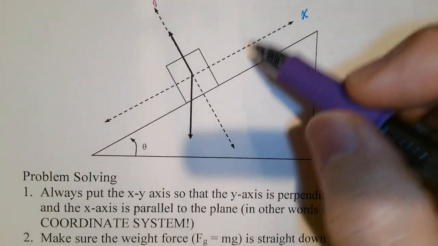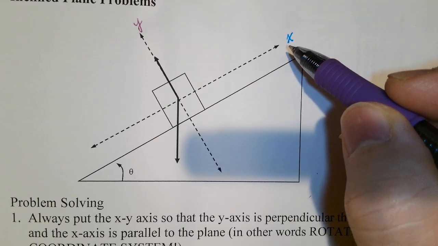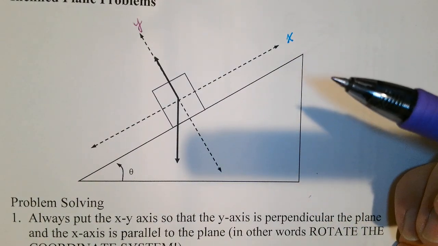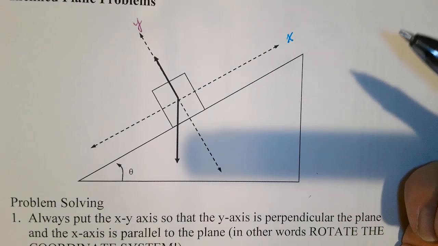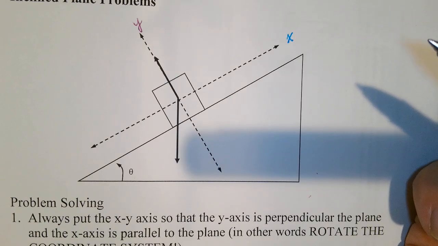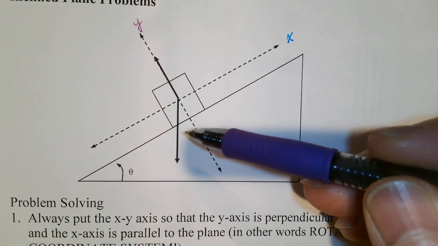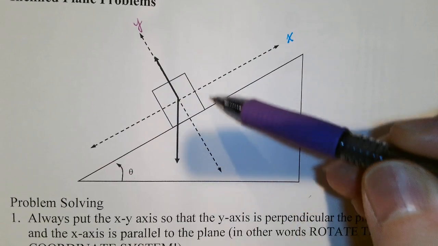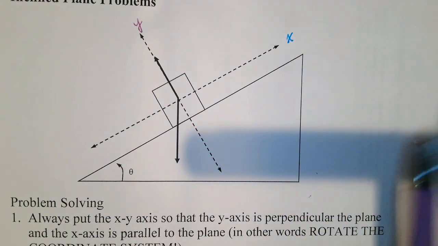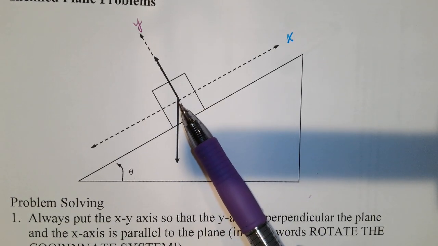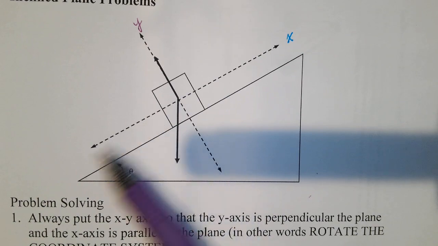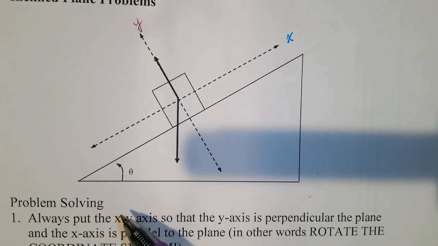Now, I know the right was always positive. However, sometimes it's a good idea to make the direction of motion or its intended motion positive. For example, in this case, if we were to have this block on an incline, it's going to have a tendency to slide down the incline.